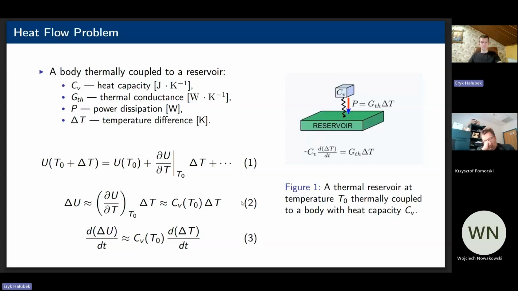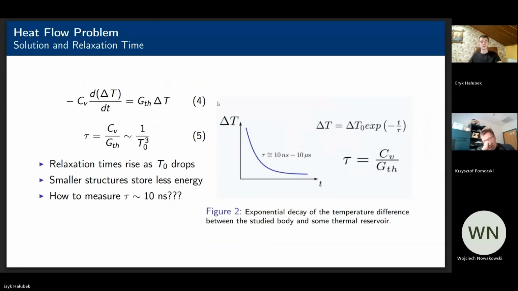And then if we take the derivative with respect to time of that energy that is stored in that body, we get such an equation, which when we solve it gives us exponential decay of the temperature difference between the body and the reservoir.